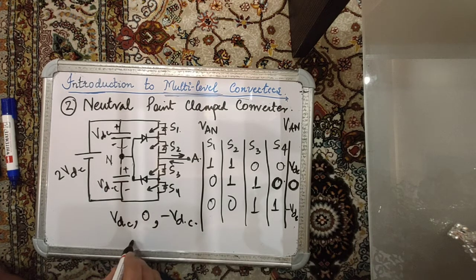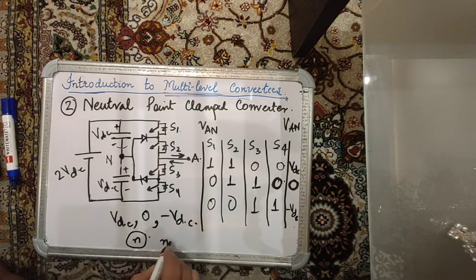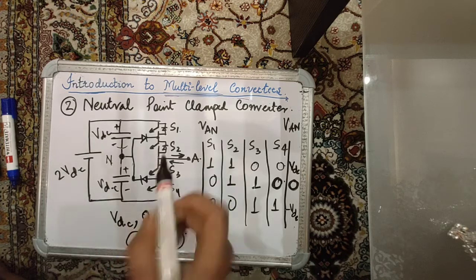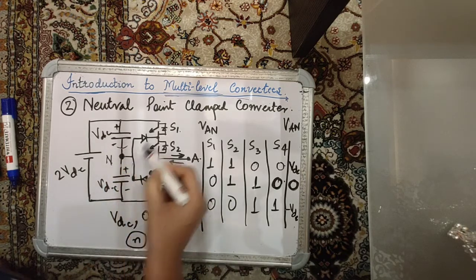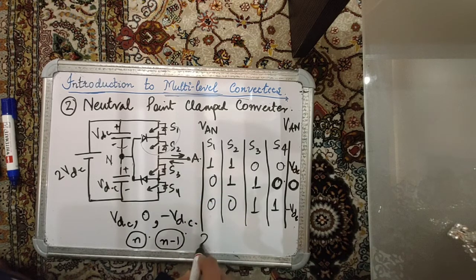So if you have n levels, you need n minus 1 capacitors, right? And you need twice the number of capacitors as switches, right? So you need 2(n minus 1) switches, right?